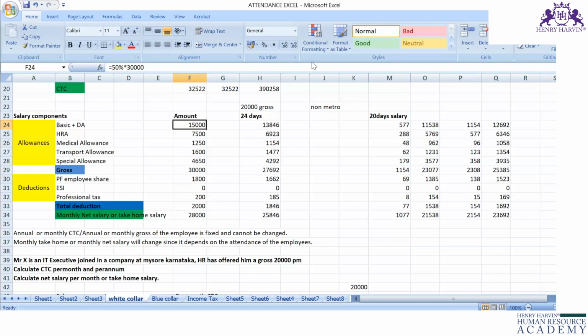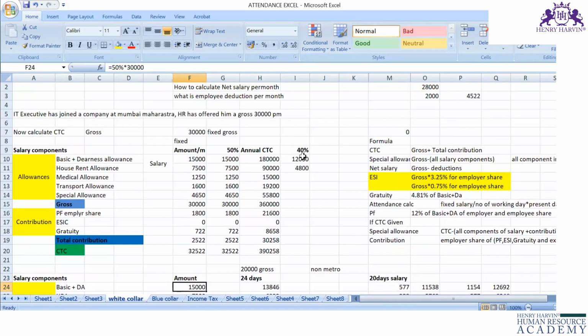Understand, guys? Now I want you to calculate, if the employee is working in a non-metro city, what are the split-up salary components? What is the amount for all the salary components?